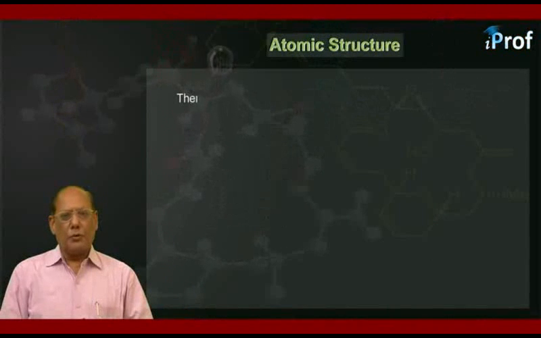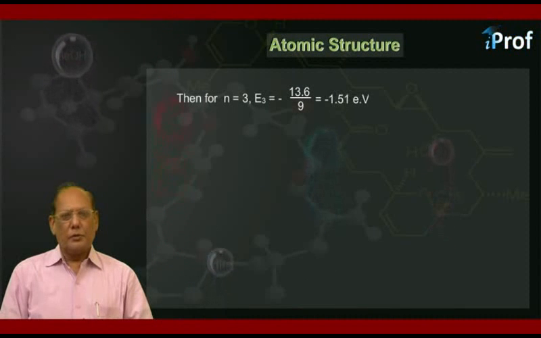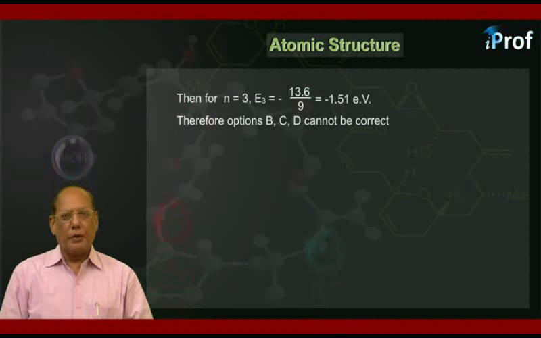Then for n equal to 3, E3 will come out to be equal to minus 13.6 by 9, and that's equal to minus 1.51 electron volt. Therefore, options B, C and D cannot be correct.